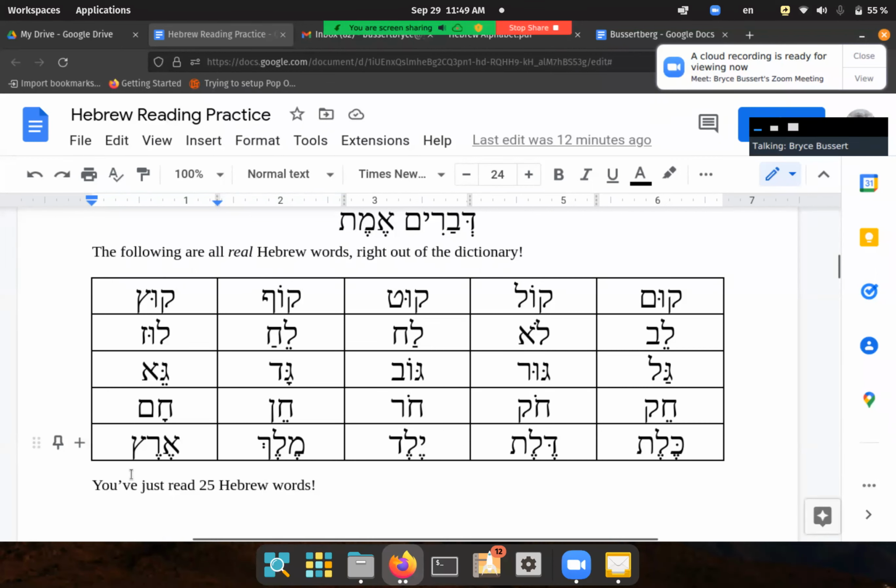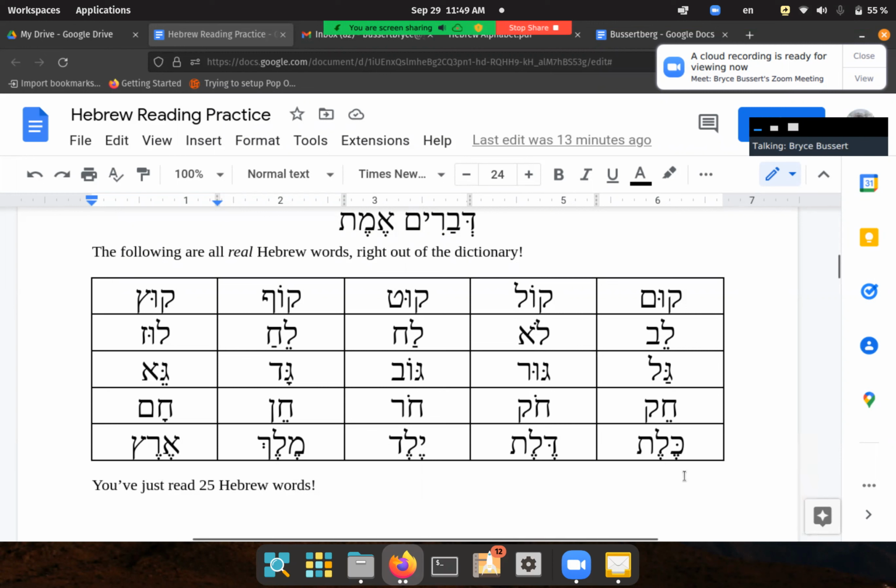And this is final sadi. Okay. Kelet is dog. Delet is door. Yeled is kid or child. Melech is king. And eretz means earth or ground.